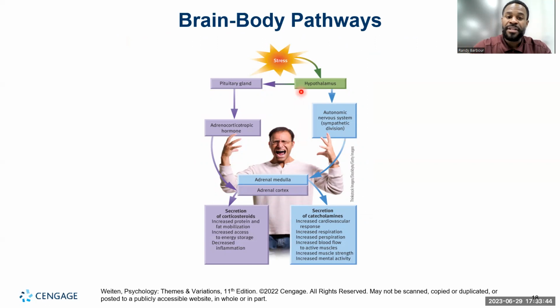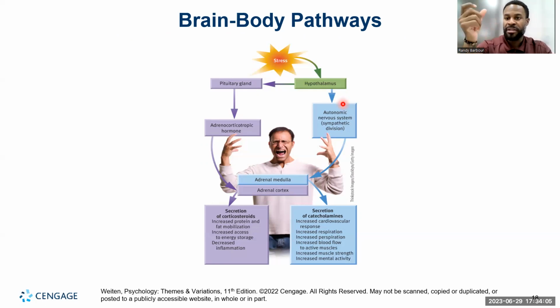Okay? So when we think about the brain-body pathways, there are two pathways to handling stress. When stress happens, you have this initial stress response. The first thing that happens is, again, that fight or flight response. The amygdala and the hypothalamus are trying to help us understand what fear is, what's happening, and the hypothalamus then triggers the autonomic nervous system.